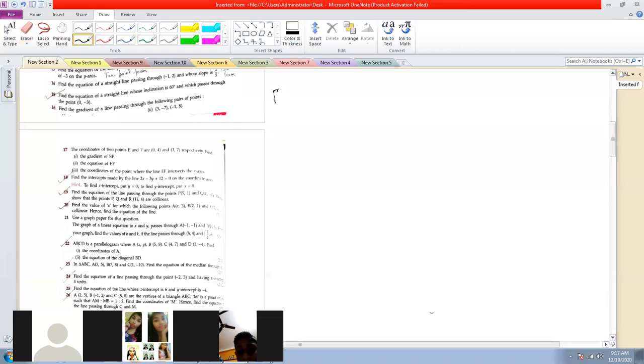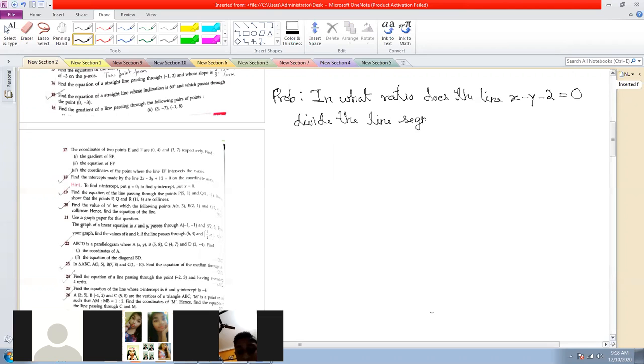The question is, in what ratio does the line x minus y minus 2 equal to 0 divide the line segment joining the points 3, minus 1 and 8, 9?